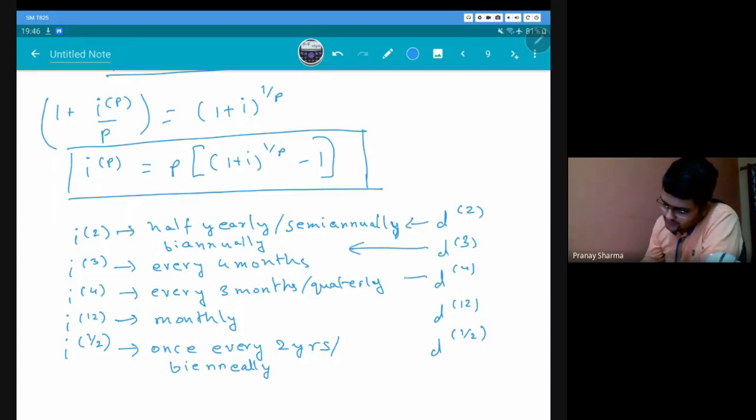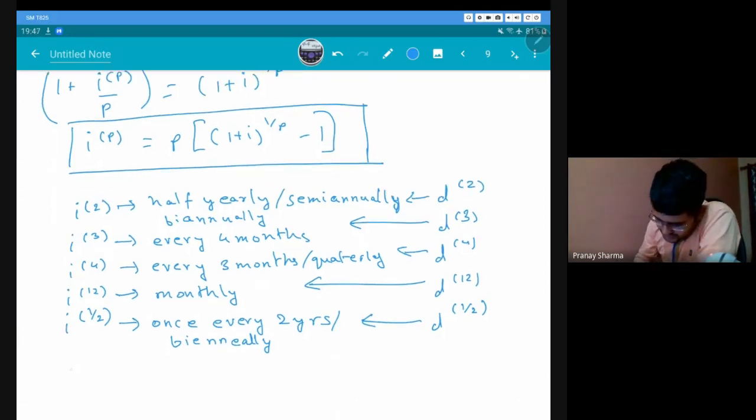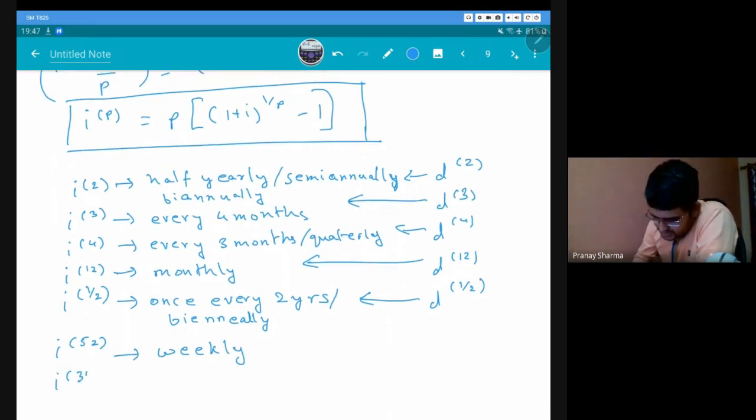We know the names will be the same. I'm just writing it here. We have more than this as well. We have I52, 52 times a year. So if I am doing 52 divisions of a year, that is nothing but 1 week. So we have weekly. And we have I365. So if I'm paying 365 times a year, that is basically daily.